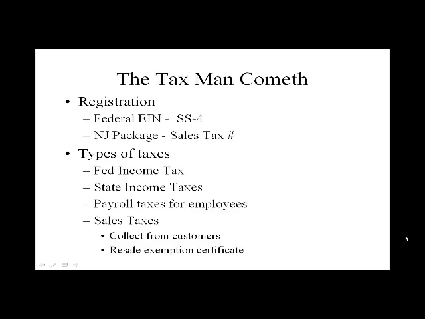Well, the old saying is there are only two things that are certain: death and taxes. And we're going to talk about taxes. When you start your business, you have to register.